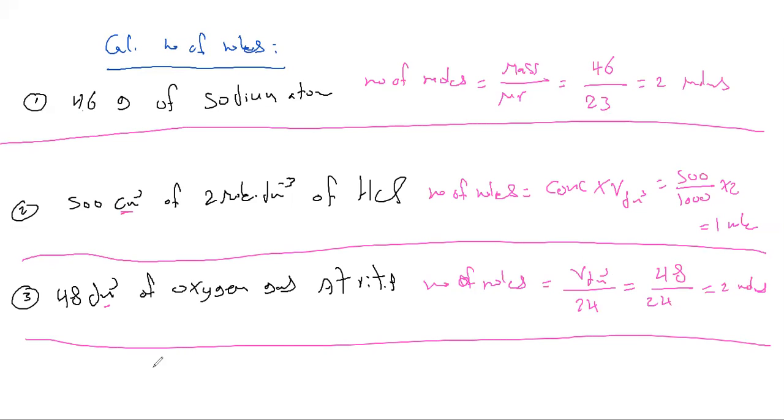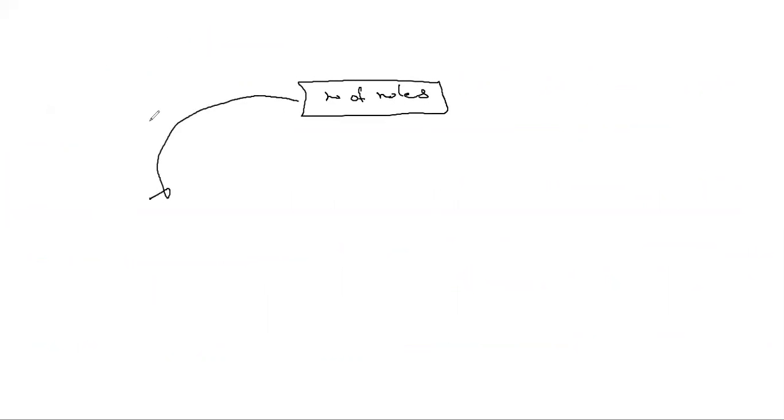Number 2, if we have number of moles and then we need to obtain mass, multiply by molar mass to get the mass. Multiply by 24 to get volume in decimeter cubed at RTP.